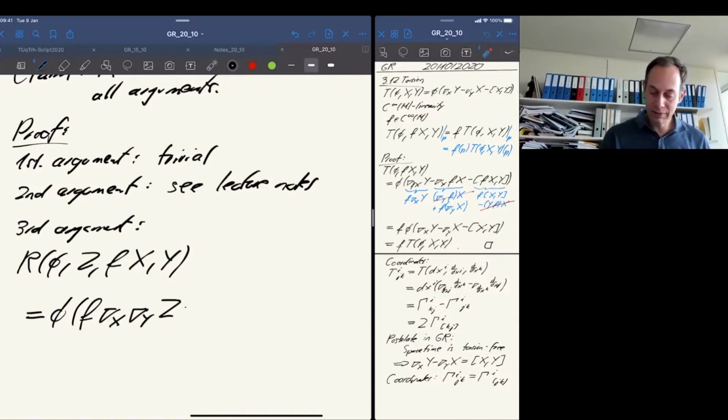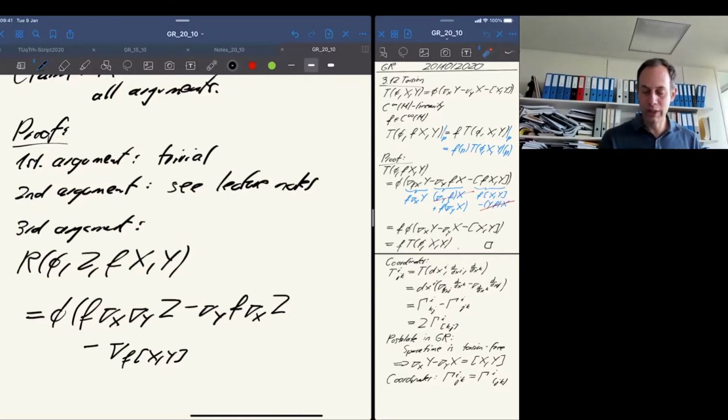Then the second term is probably more interesting, because now I take the f out of the nabla as before, but now it's still in the covariant derivative of y, so this will require some work. And then we will have the third term, which is the Lie bracket here, and here I just take the f out of the Lie bracket already. But of course, I know that I'm not allowed to do that. So the Lie bracket is not C infinity linear. So I have to put an additional term. And it's the same.